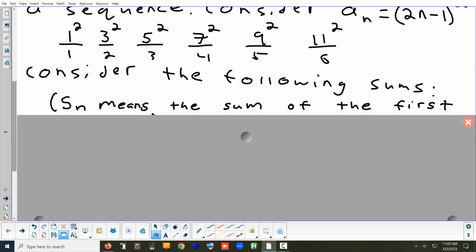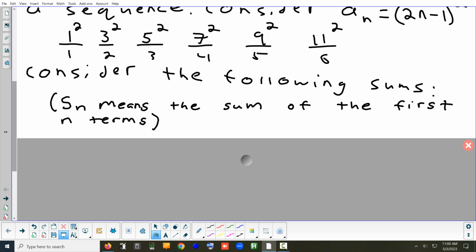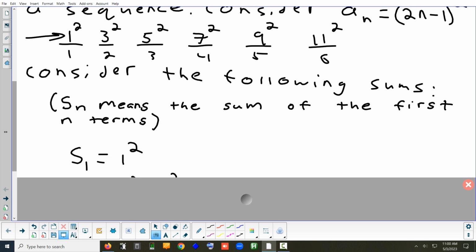Okay. So now what we're going to look at is adding some of these terms up. Capital S with a subscript n stands for the sum of the first n terms in the sequence. So for example, S sub 1 means to add up the first 1 term in the sequence.